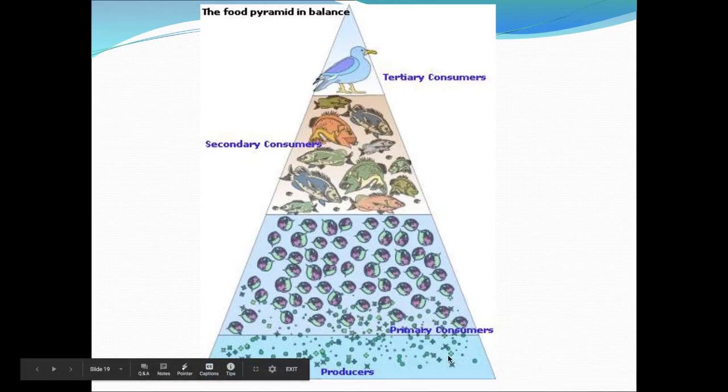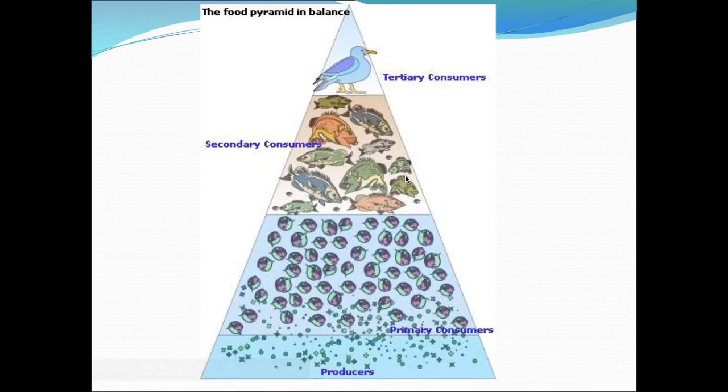Normally with food chains, you have a lot of organisms down here. These are producers. If you remember from astronomy, producers are the things that make their own food, like plants. And then primary consumers eat producers, and secondary consumers eat primary consumers, and tertiary eat secondary.